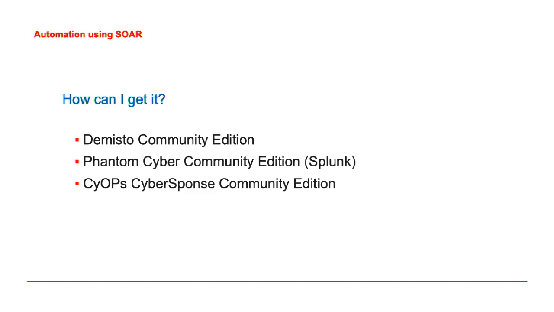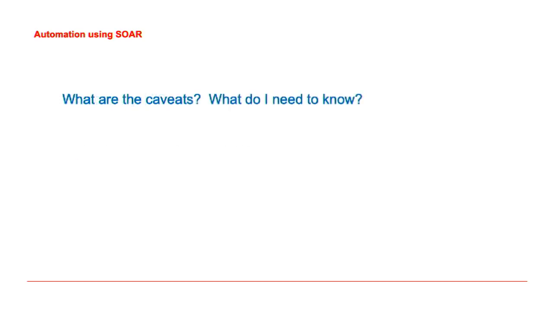They're all limited in what they can do, typically by the number of automated events that they can process within a day. But you can actually stand these up, and I would encourage you to do so if you've never seen them, just to understand what they do and what value they can bring, and the level of complexity. This is a good way to get your feet wet and start to understand what these products do.